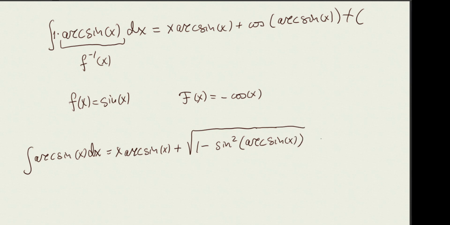And plus a constant, and now of course sine of arcsin is just x. So finally we get the well-known formula that it is x arcsin of x plus the square root of 1 minus x squared plus a constant.